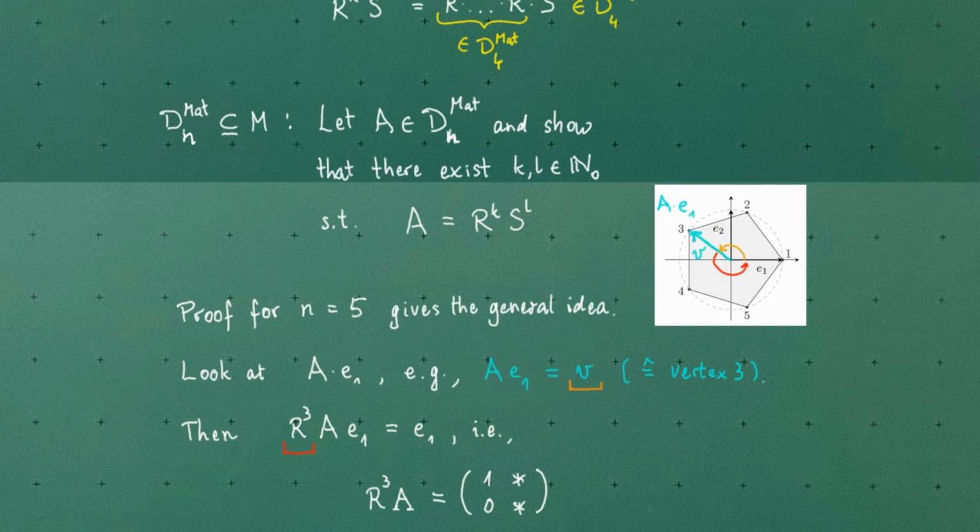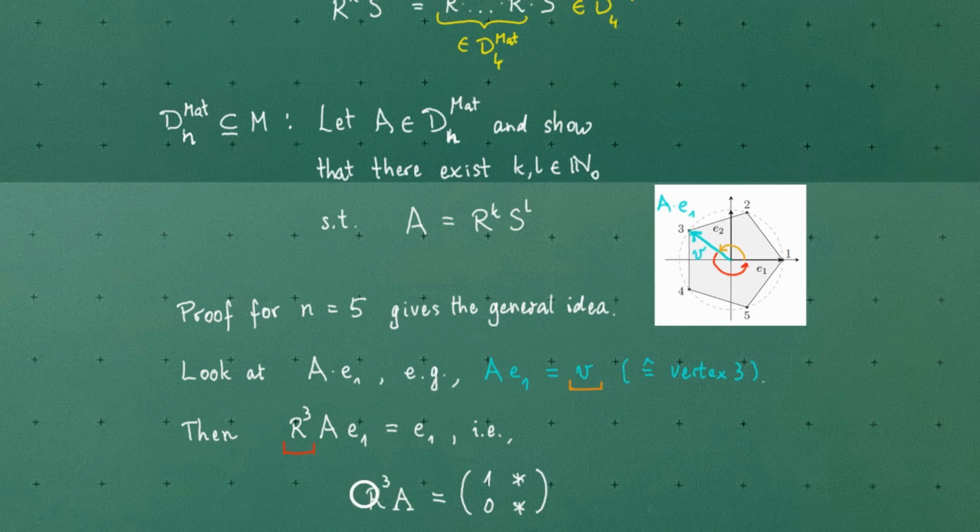And this obviously can be done no matter where this vector points. So we will always find a rotation matrix, in this case r to the power of 3, because I apply r 3 times. And this applied to this vector gives me E1. Again, it's easy to generalize to any vector A E1.